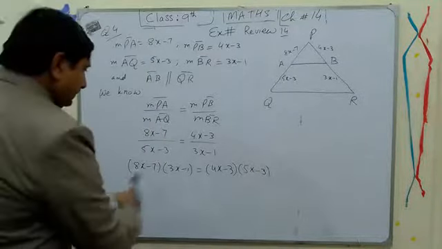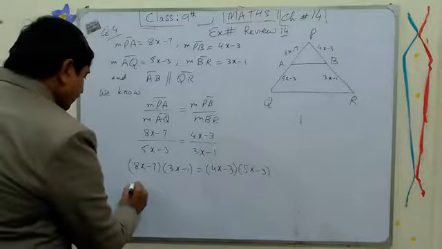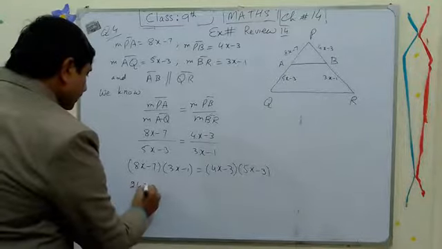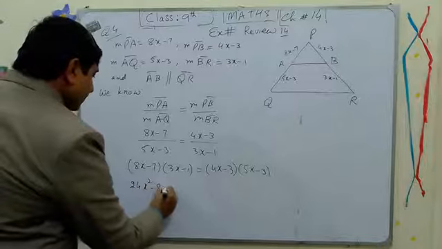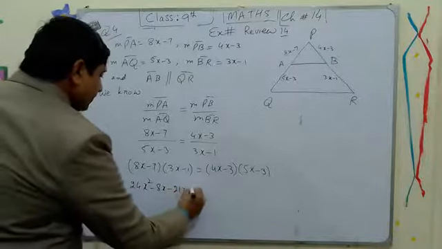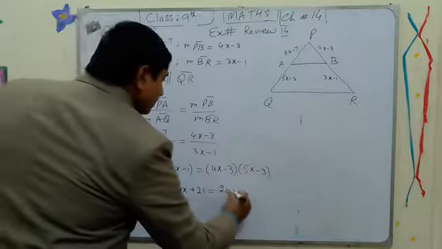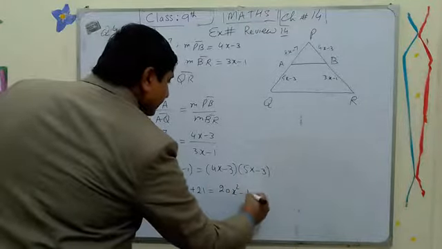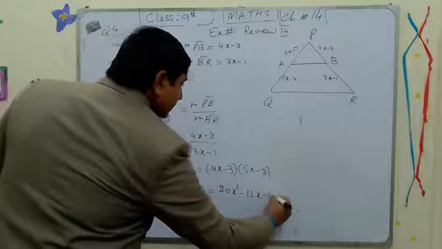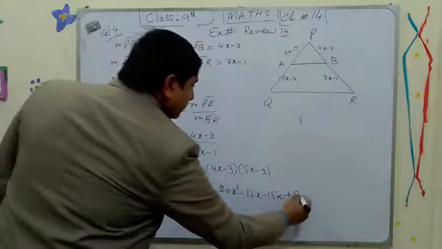Get the product, just multiply both sides. We get 24x square minus 8x minus 21x plus 21, that is equal to 20x square minus 12x minus 15x plus 9.